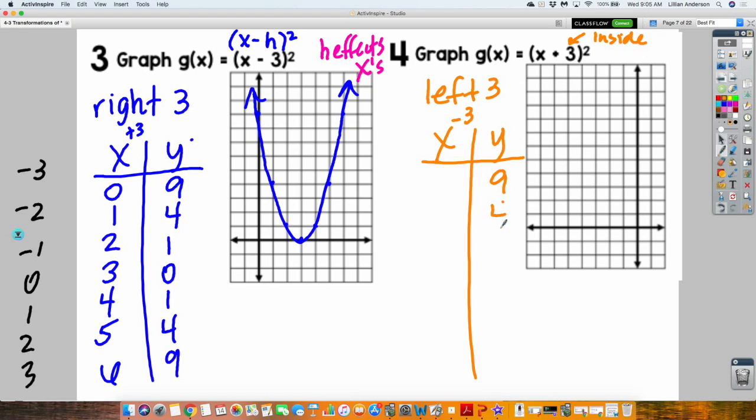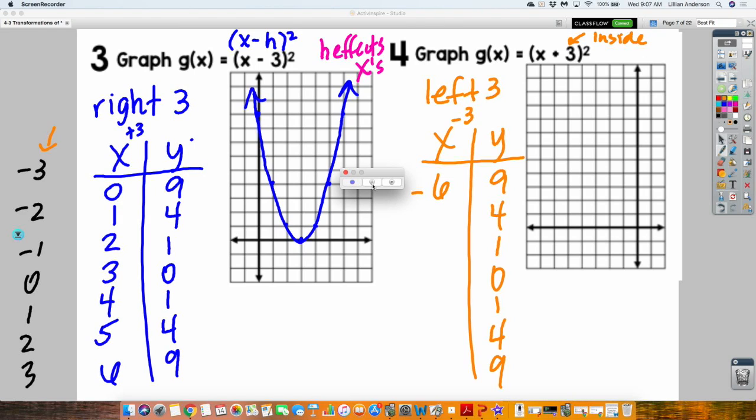Your y's stay the same, but these original x values, you're going to subtract 3 from them. What's negative 3 minus 3? All right, finish, fill out the rest of the table and graph the function.